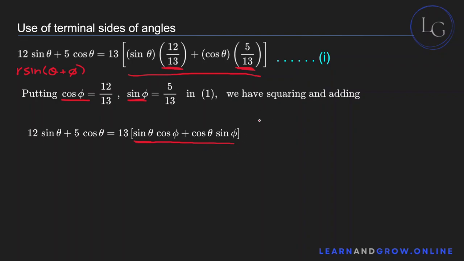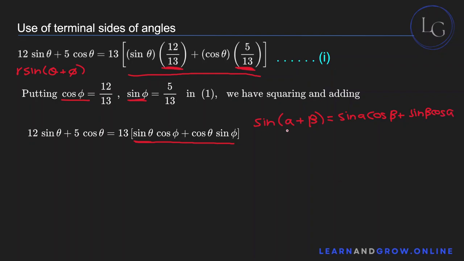And why do we need to do that? Now, do you remember the sine identity? Looks familiar, right? Because sine alpha plus beta is equal to sine alpha cos beta plus sine beta cos alpha.